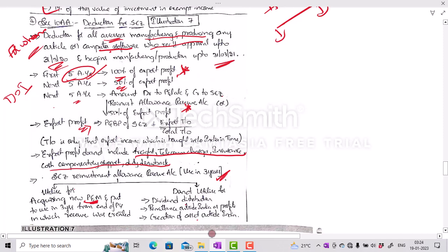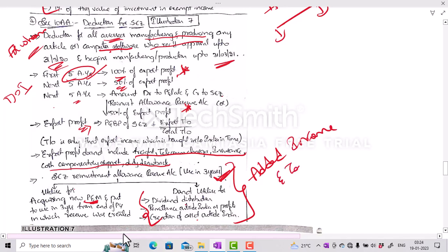If we do not comply with any of this, that is we have not used it in 3 years or we have utilized it for these purposes, that amount will be added to income and taxable. Previously whatever deduction was given will be taxable now by treating it as deemed income.